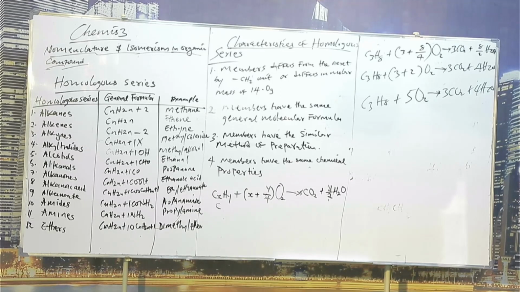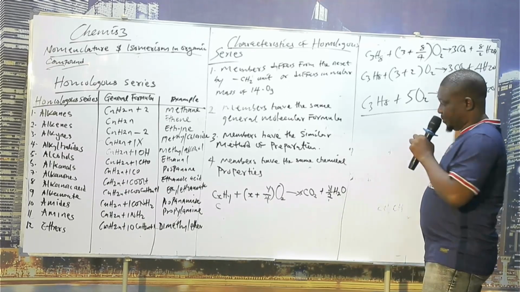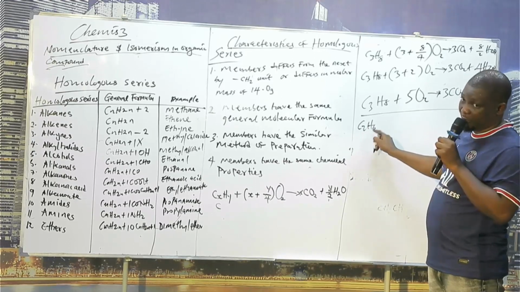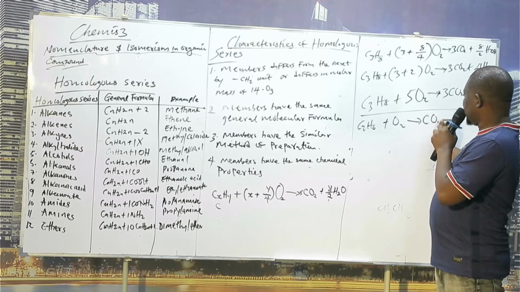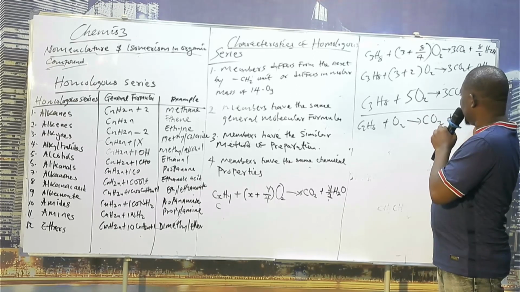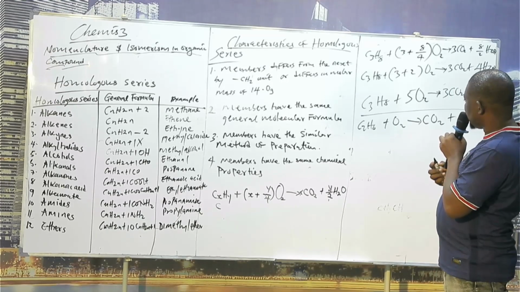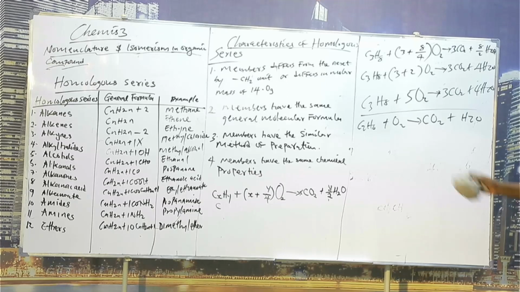Are you with me? Okay, let's look at the ones we just finished before. C2H6, watch this one, we've done it before. C2H6 plus O2 gives CO2 plus H2O. I want to balance it from that general formula.